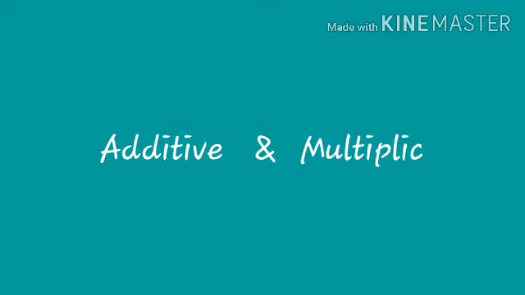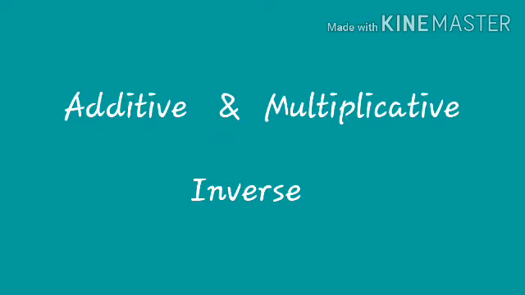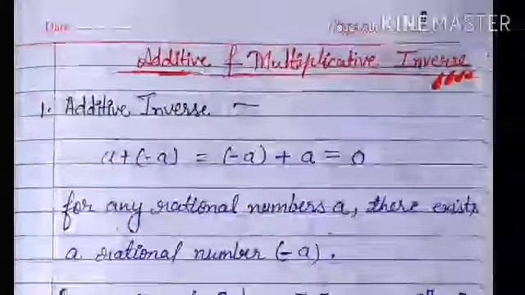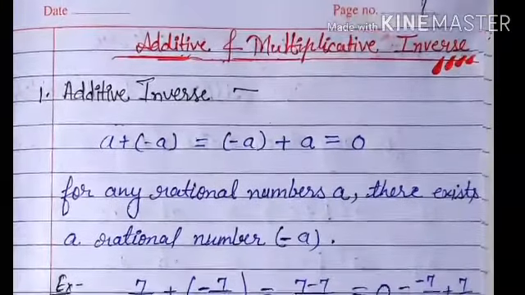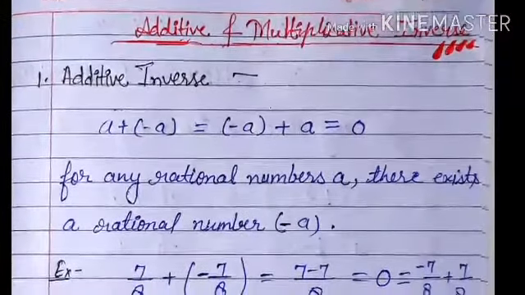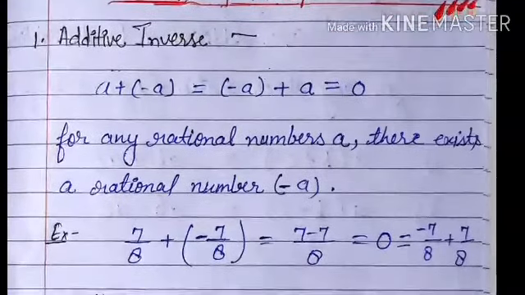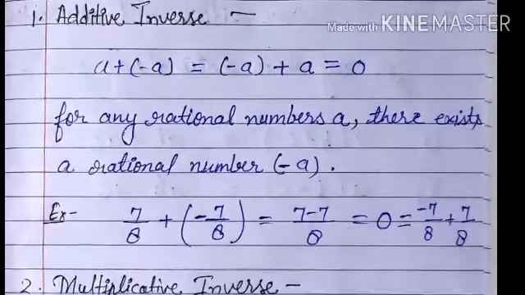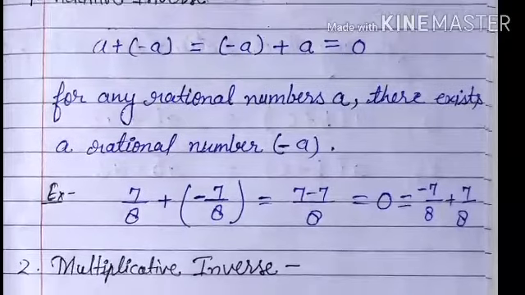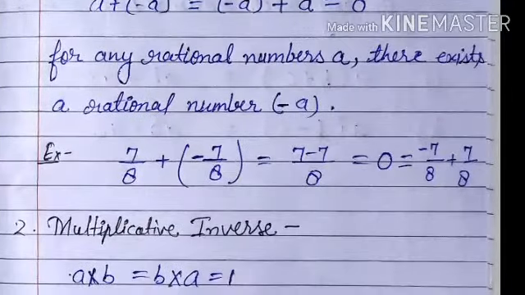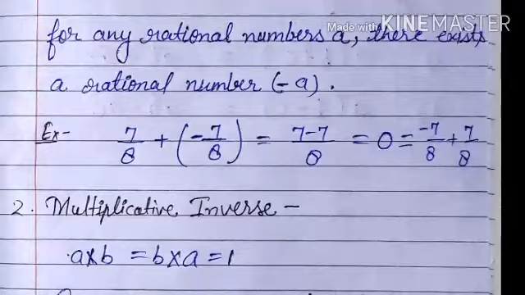Here is another important concept you must know, that is additive and multiplicative inverse. For additive inverse, this is so simple. You just find another number such that the sum is equal to 0. It can be a positive or a negative integer. For example, minus a is the additive inverse of a, and 7 upon 8 is the additive inverse of minus 7 upon 8.